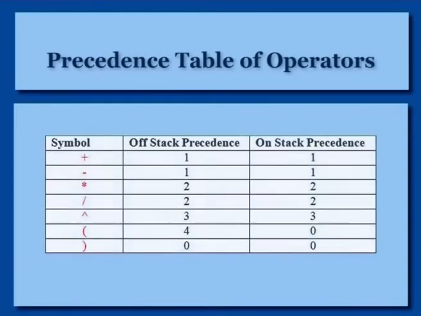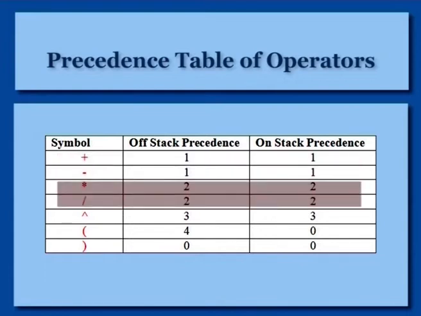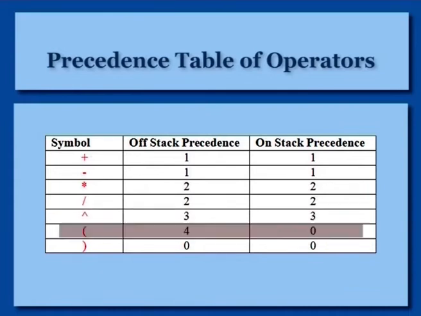The algorithm uses precedence of operators as shown in the following table. As it can be seen in the table, among the operators, the addition and subtraction operators have lowest precedence, followed by multiplication and division operators, while the exponential operator has highest precedence. For opening brackets, we have different precedences when they are present in the stack and when they are outside the stack.